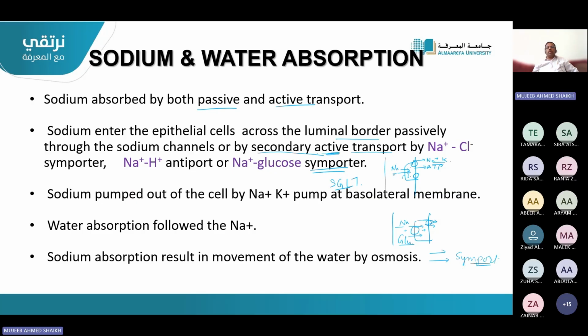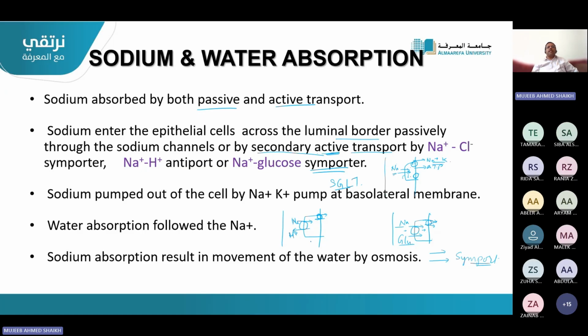Also, there is a third type of sodium absorption where there is a pump we call the sodium hydrogen exchanger. Again, this will not function unless there is a sodium potassium pump at the basolateral membrane. So this is also secondary active transport. But here the difference is that hydrogen is going into the lumen, from the cell to the lumen, whereas sodium is moving from the lumen into the epithelial cells.